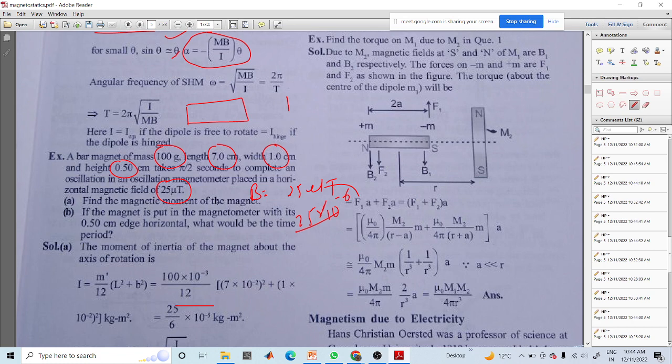So find the magnetic moment of the magnet. Are you getting my point? How will you find the magnetic moment?